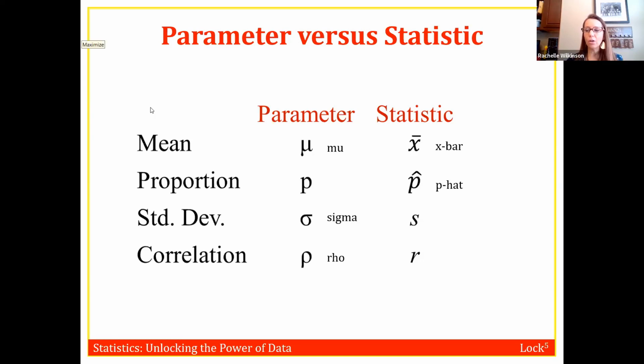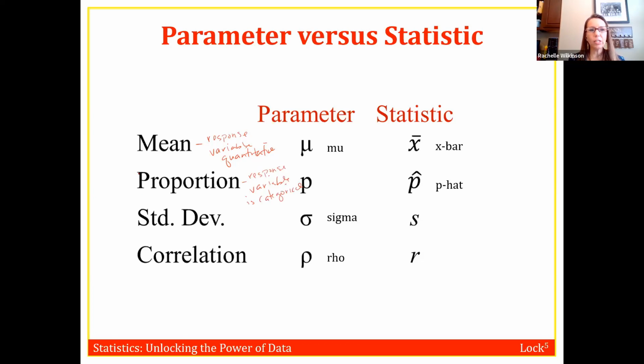If my response variable is quantitative, then I'm dealing with means. We're dealing with means when the response variable is quantitative. We know we're dealing with proportions when the response variable is categorical.